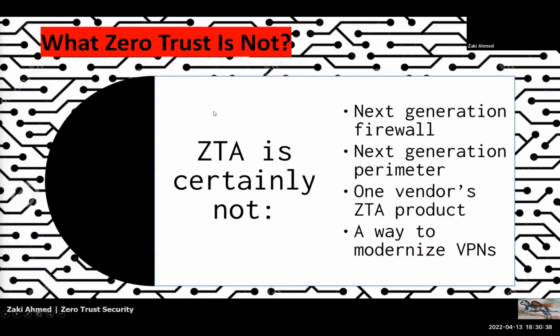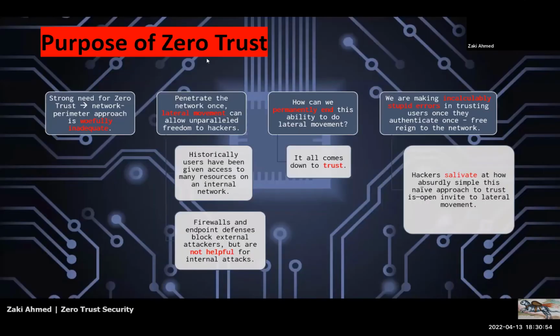But zero trust is certainly not a firewall or some next generation perimeter or a VPN. Zero trust means to never trust, always verify, and assume breach all the time. The purpose of zero trust is simple.